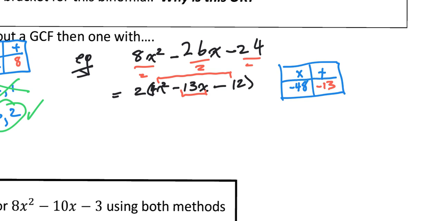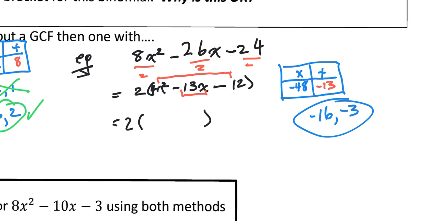So we came up with negative 16 and 3. And negative 3 were what we were looking for.